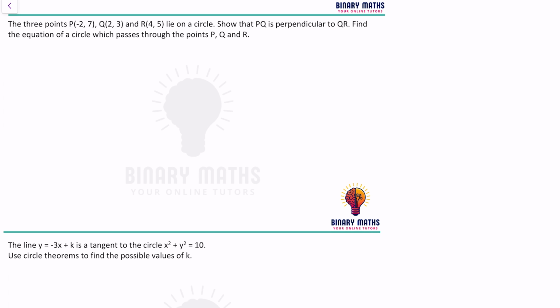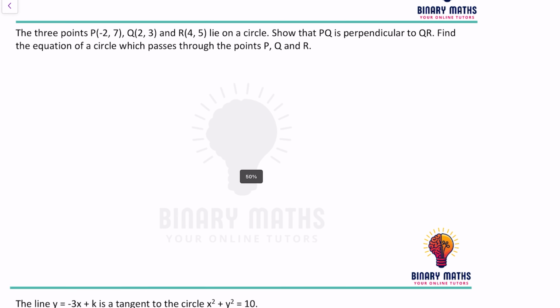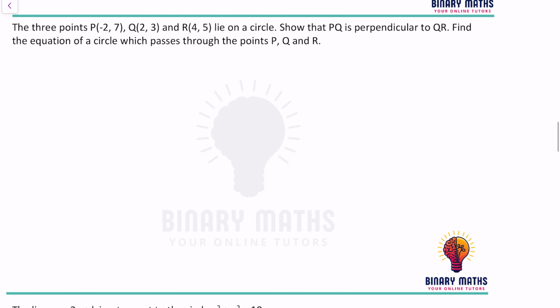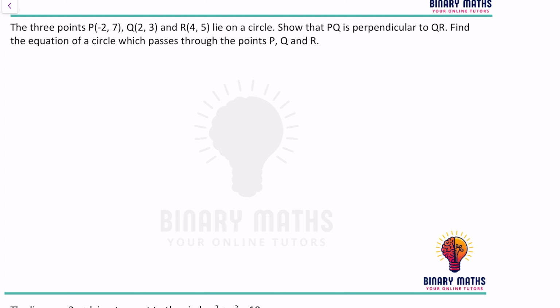The next example: the 3 points P (-2, 7), Q (2, 3), and R (4, 5) lie on a circle. Show that PQ is perpendicular to QR.